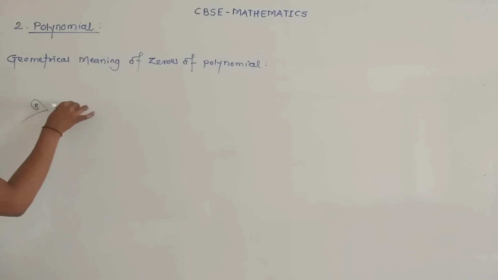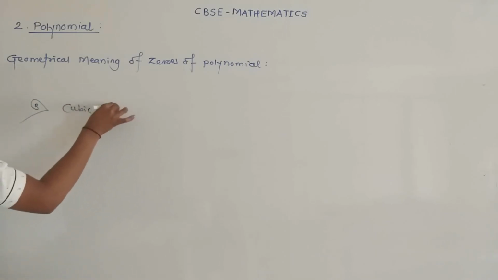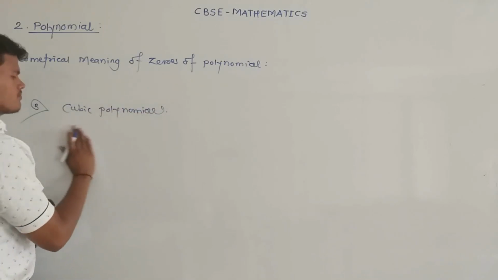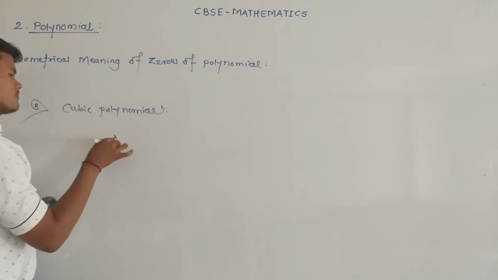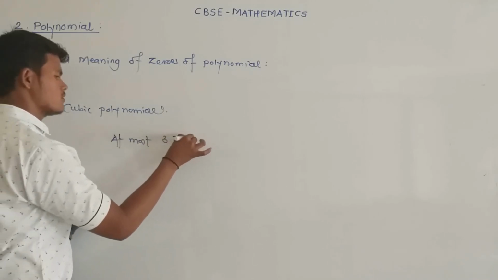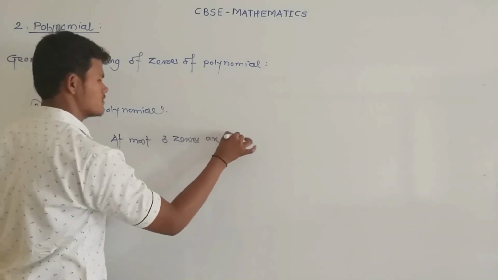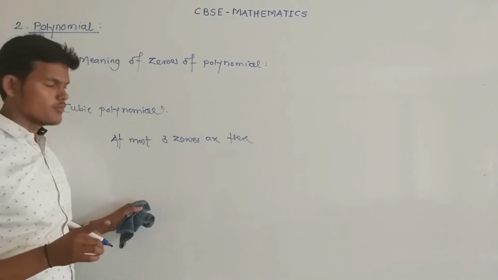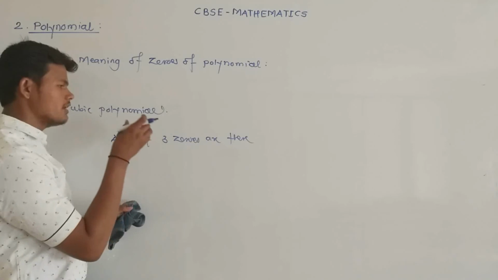third one is the cubic polynomial. For a cubic polynomial at most three zeros are there. Zeros of the polynomial are the x-coordinates of the points where the graph intersects the x-axis.